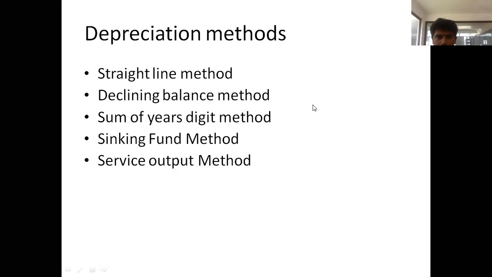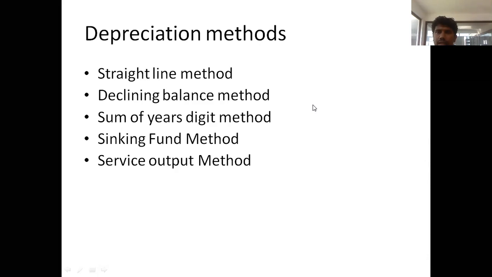Depreciation methods. One is the straight line method, the declining balance method, the sum of years digit method, the sinking fund method and the service output method.